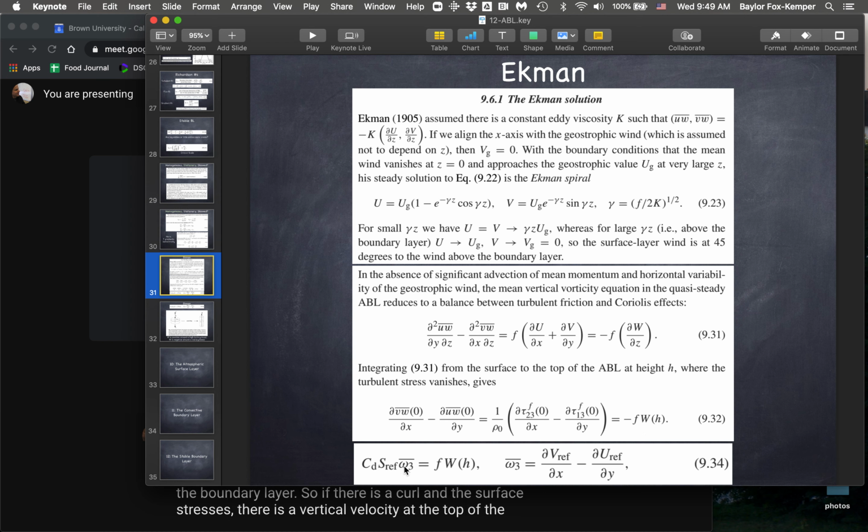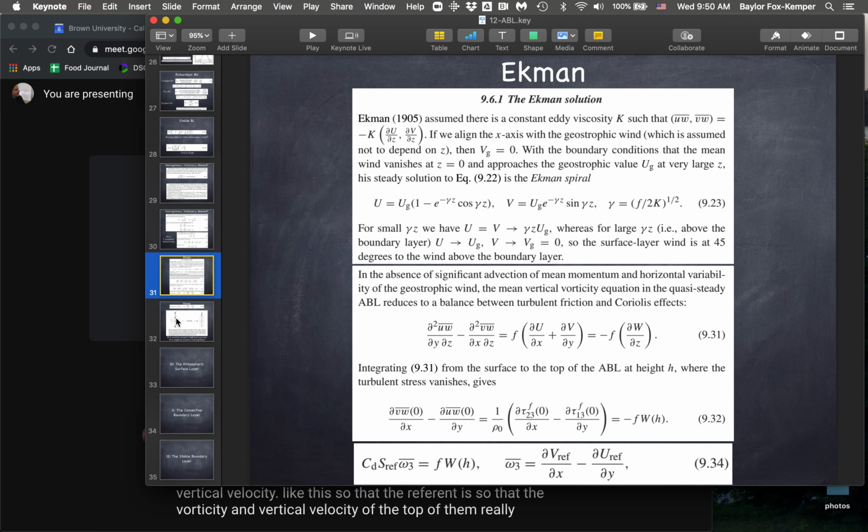Or writing it in terms of a drag coefficient and the vorticity aloft, which is giving you the stresses of the surface, the vorticity is proportional to the vertical velocity, like this. So the vorticity and vertical velocity at the top of the boundary layer are related.